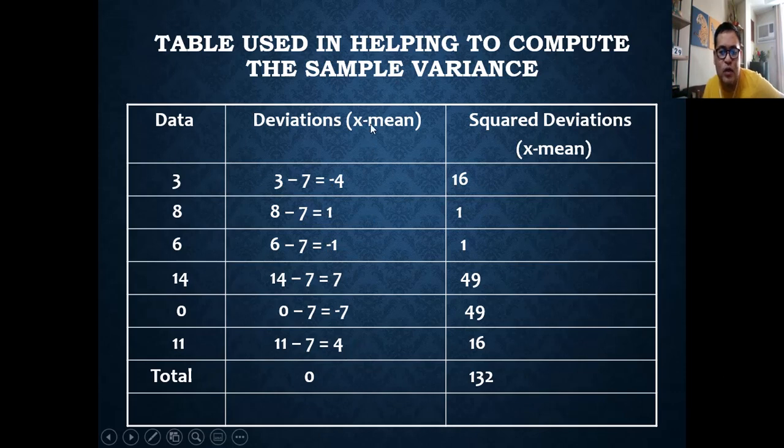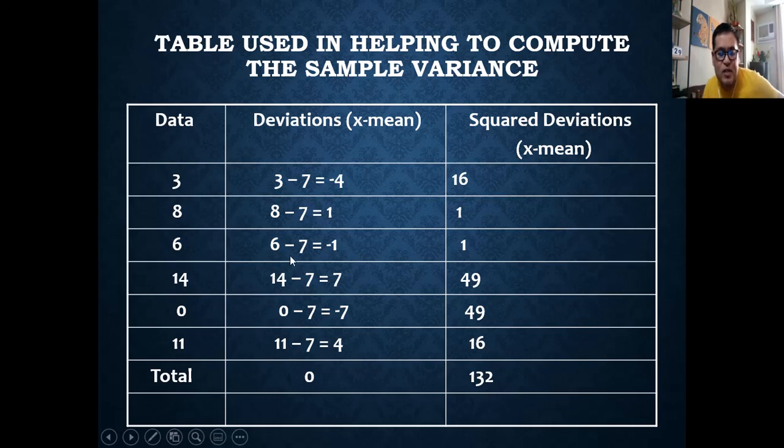Since the formula says that you are to square the difference, you have to square this. Negative 4 squared is positive 16. 1, 1, 49, because 7 squared is 49. Negative 7 squared is 49 also. And then 4 squared is 16. So get the summation of the squared deviations. So we have 132.